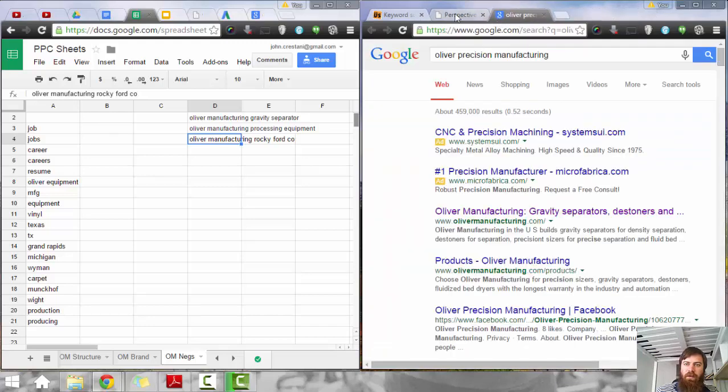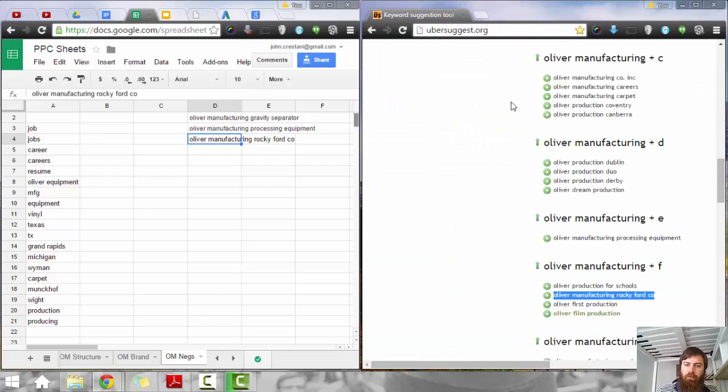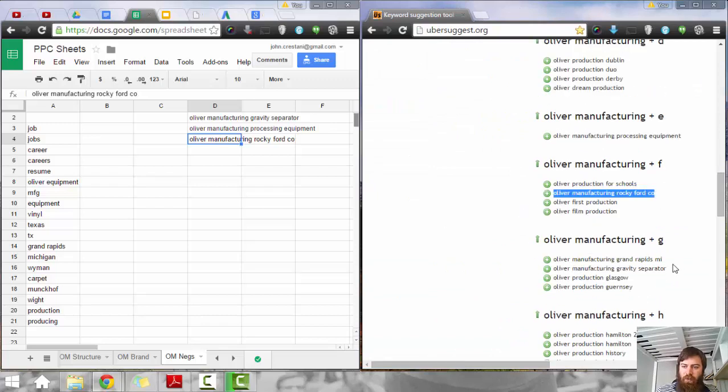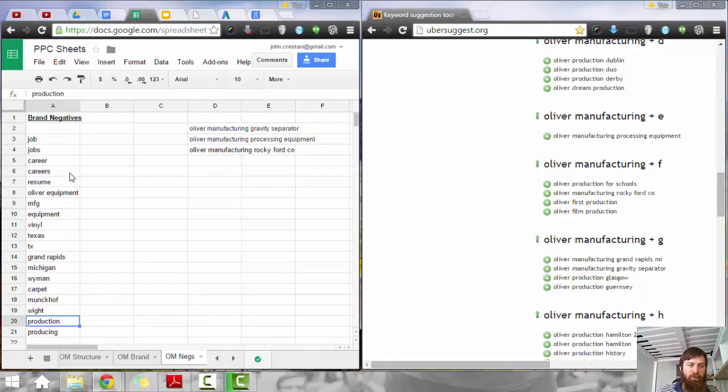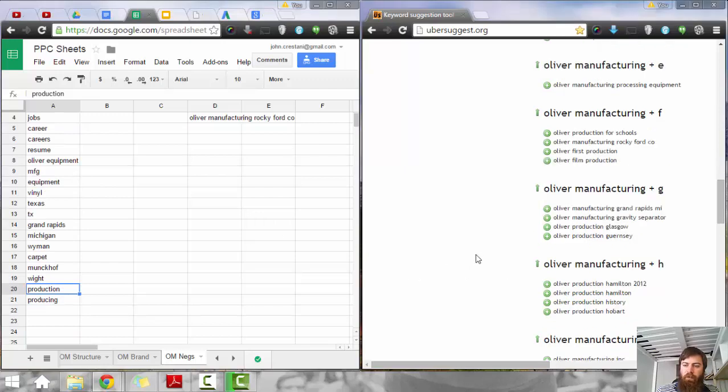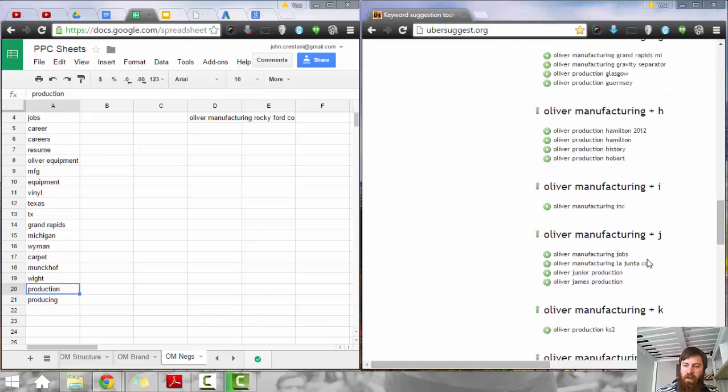Okay, let's get rid of some of these. Oliver First Production, Oliver Manufacturing Grand Rapids, Oliver Manufacturing Gravity Separator. We already have that there. Glasgow, we already got rid of production, so we don't have to worry about these terms. Notice, since we have production as a negative, Glasgow or Guernsey won't show up. Again, production is negatived out.